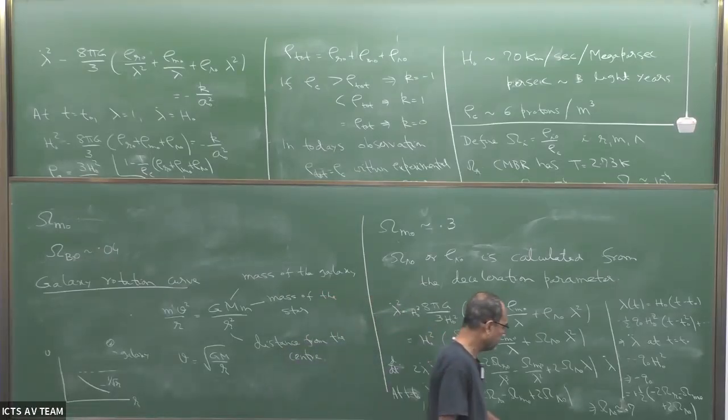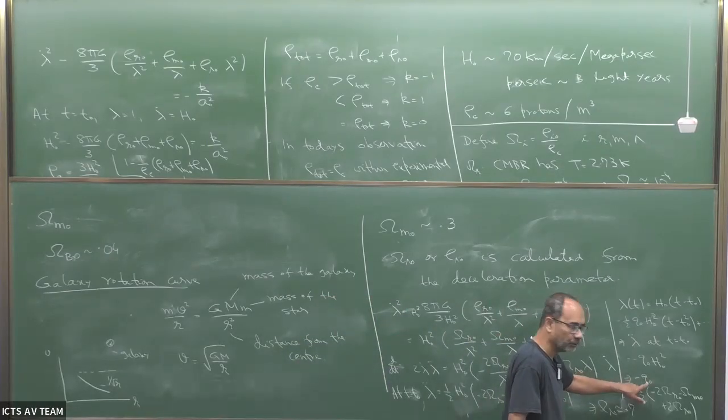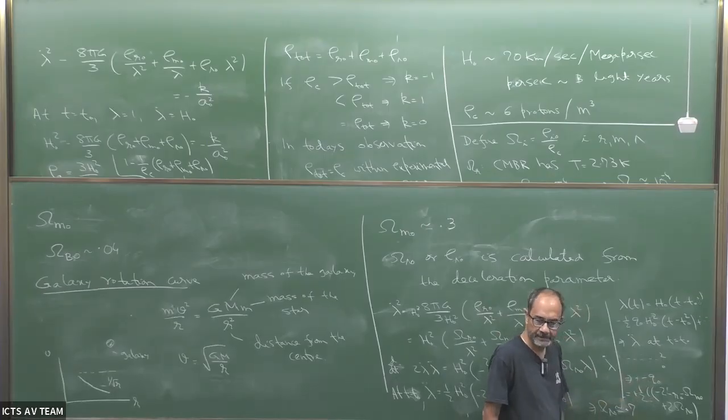Okay. This is minor. I have written minus q naught, but q naught is negative, right? As we discussed. So omega lambda naught is positive from this.